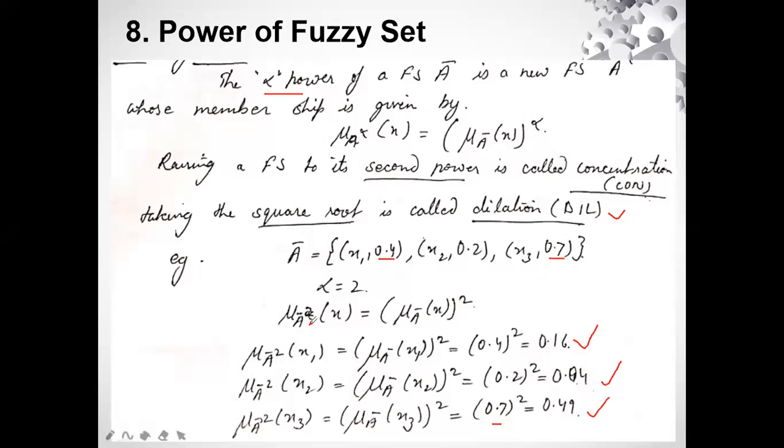So the final A bar raised to the power lambda is equal to x1 comma 0.16, x2 comma 0.04, and x3 0.49. This is how we are doing it.